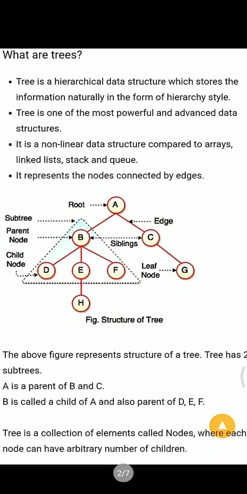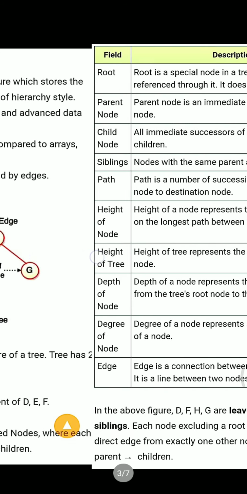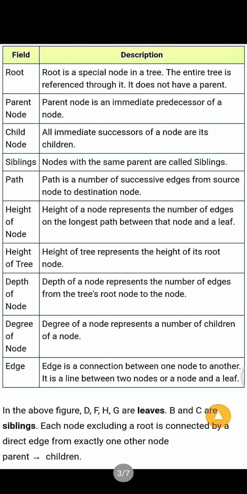Every node n in a tree except the leaf nodes has a child called a successor of n. In this diagram, you could see D, E, F are the successors of B. I hope you are understanding it.